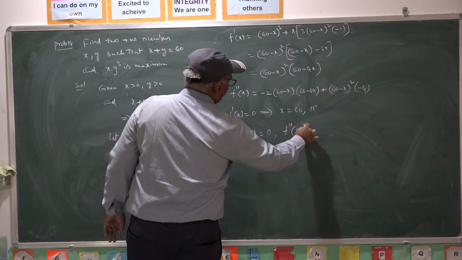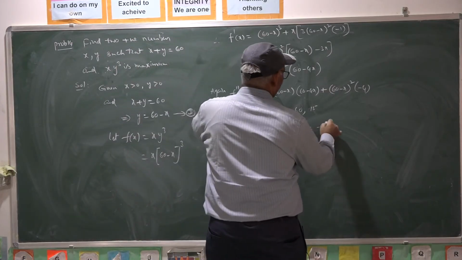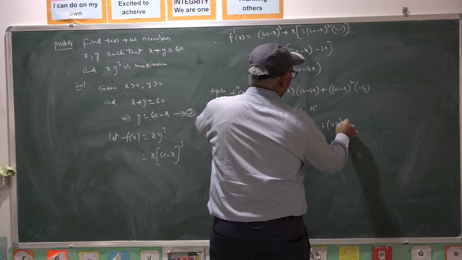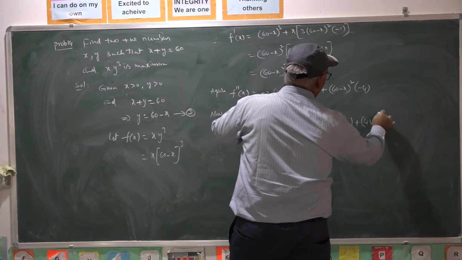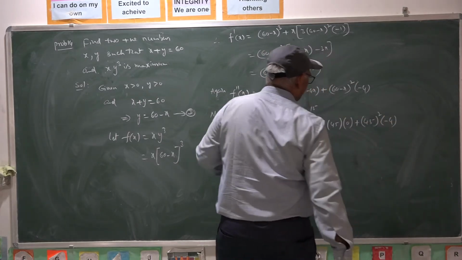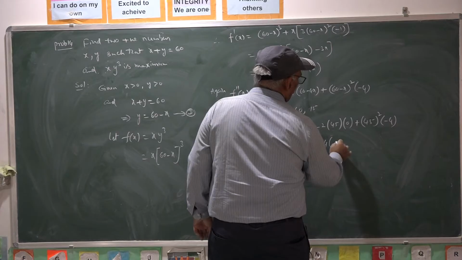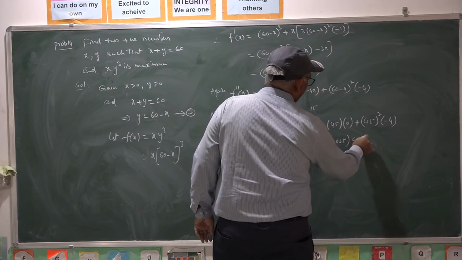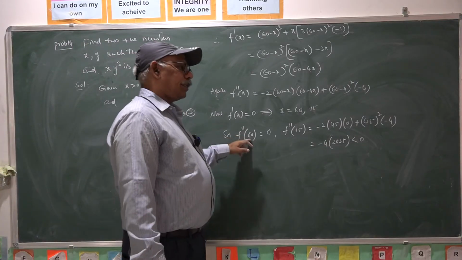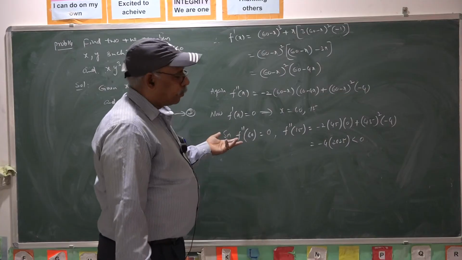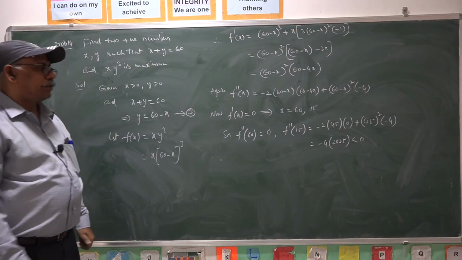f double dash of 15, taking it at 15, is minus 2 into 45 into 0 plus 45 square into minus 4. Clearly this term is 0, and this is negative. So minus 4 into 45 square, which is negative. From x equal to 60, you cannot conclude anything, because the first derivative is 0 and the second derivative is also 0.